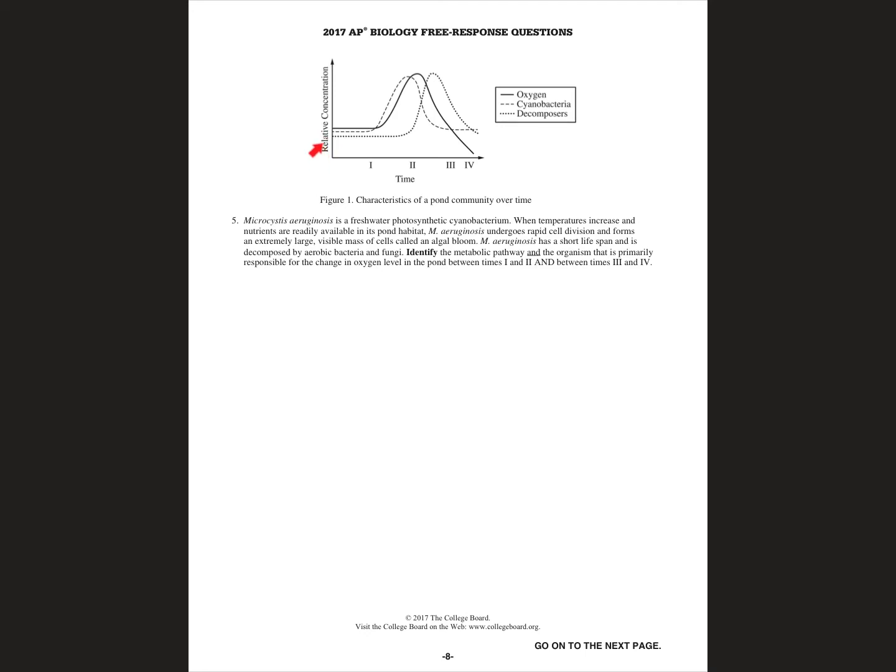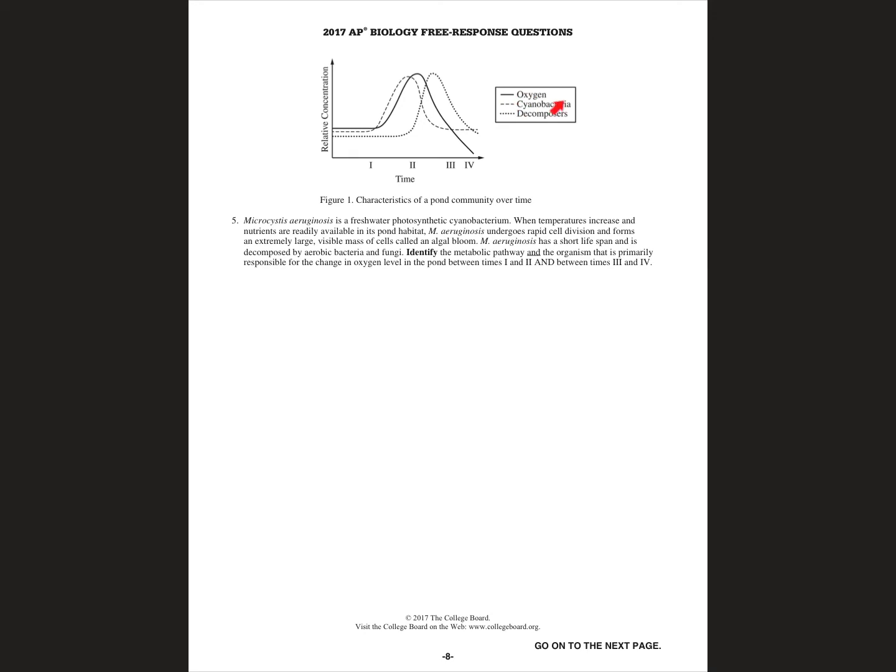So you have relative concentration of oxygen, cyanobacteria, and decomposers. Cyanobacteria, very similar to algae, start to increase in number in stage 1 here. And as they increase in number, the oxygen level goes up.